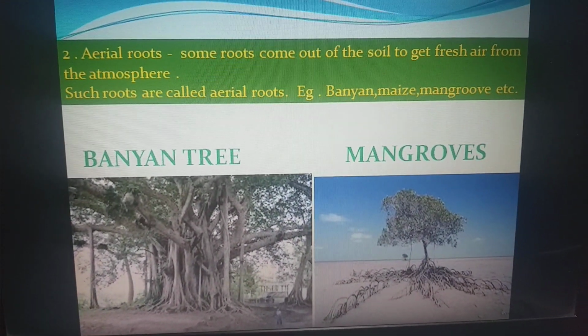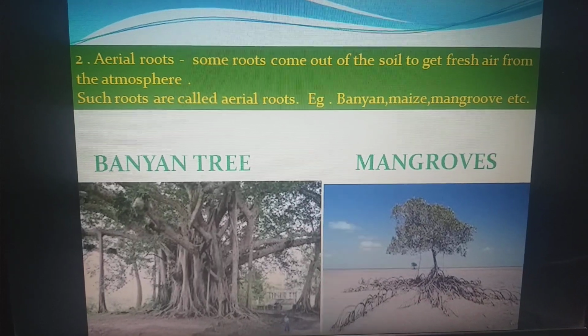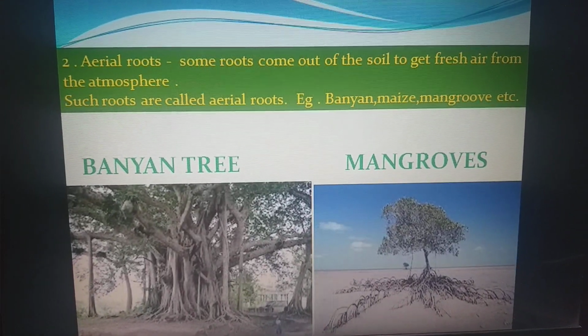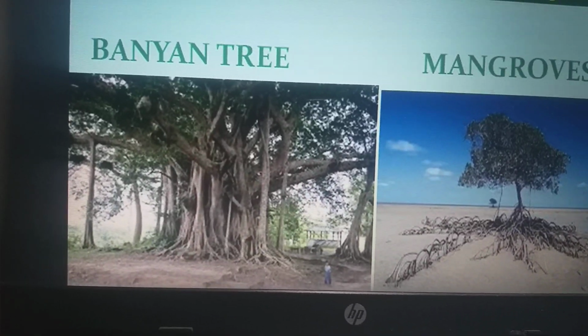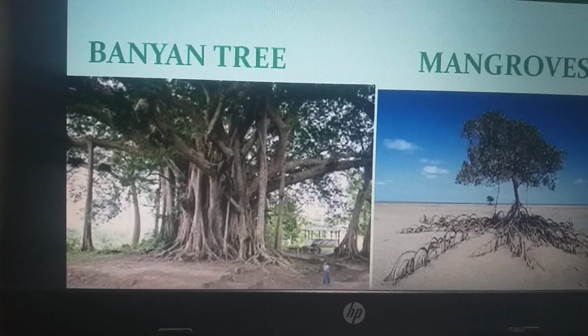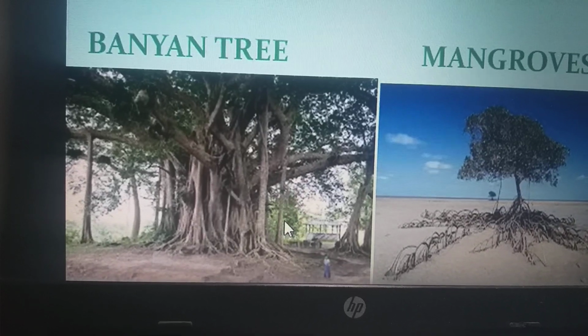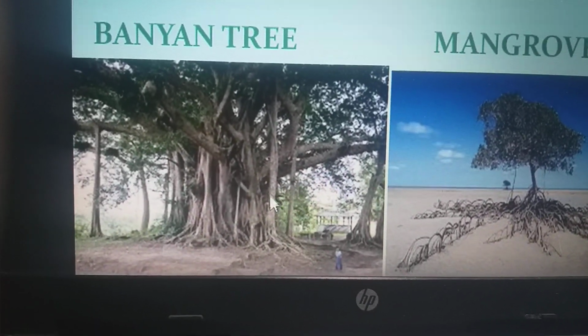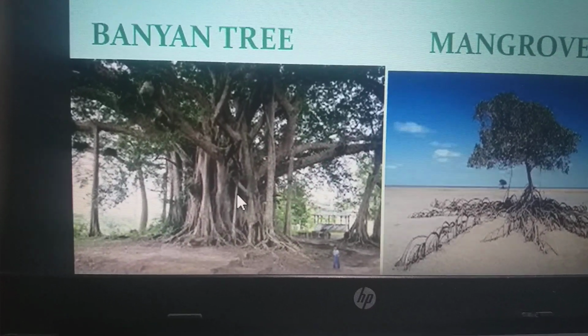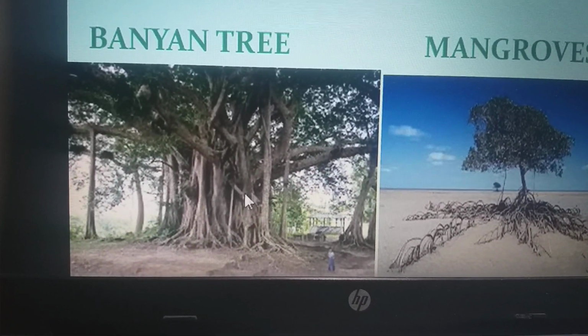Another special function of root is aerial. Students, let's know something special about the root. This is the banyan tree, and as we know, root grows underground.